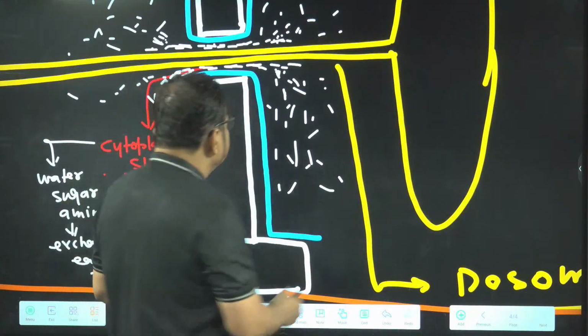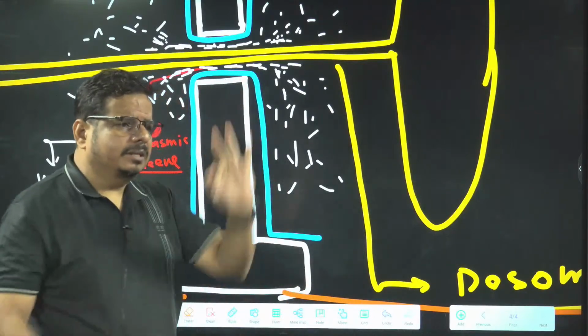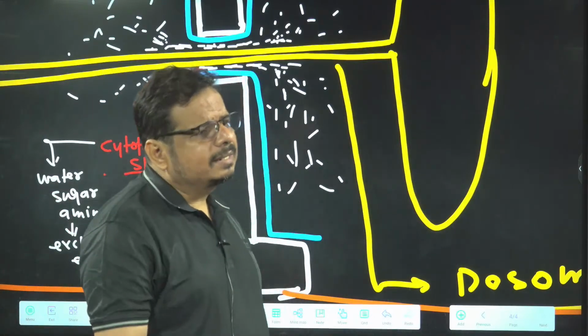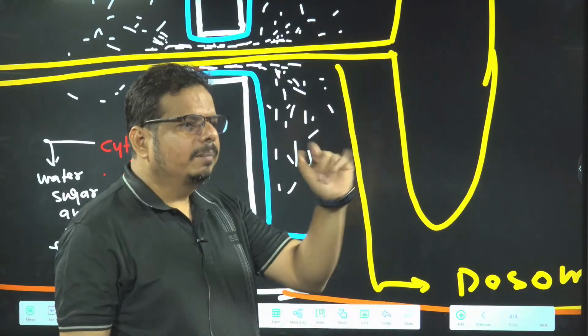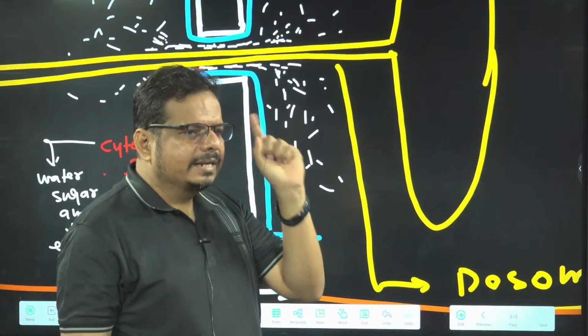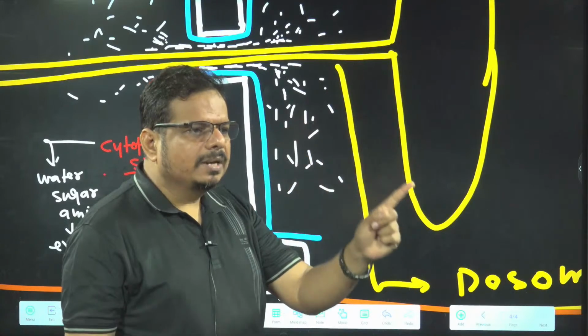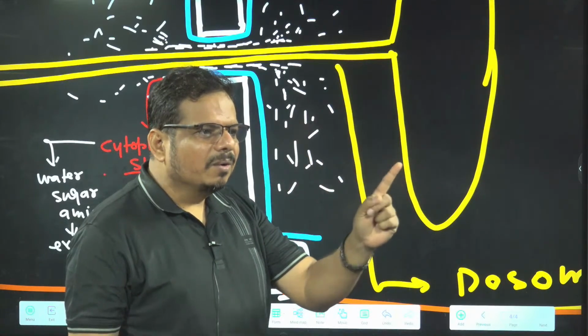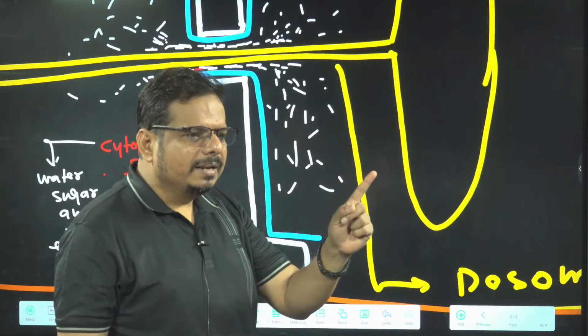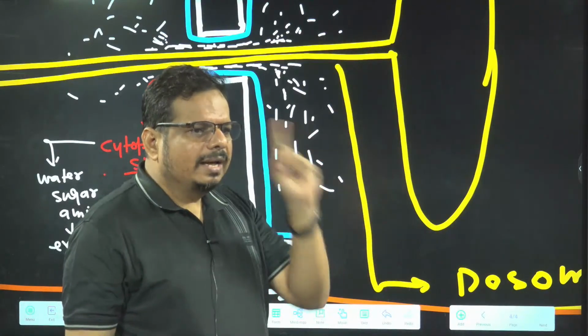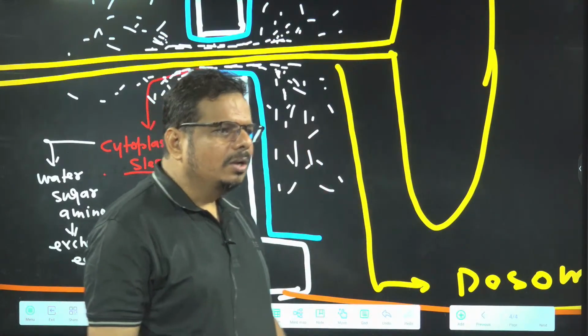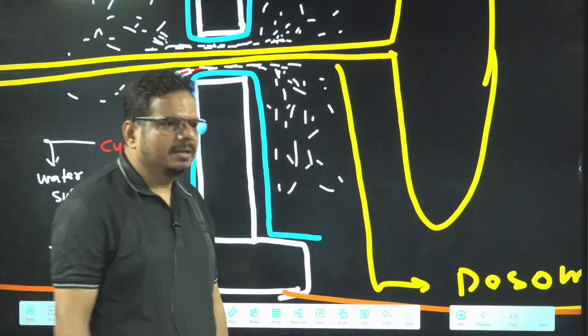So plasmodesmata is made up of three things. How many components are present in the plasmodesmata? Three components: plasma membrane, desmotubule, and cytoplasmic sleeve. All together it is called plasmodesmata.